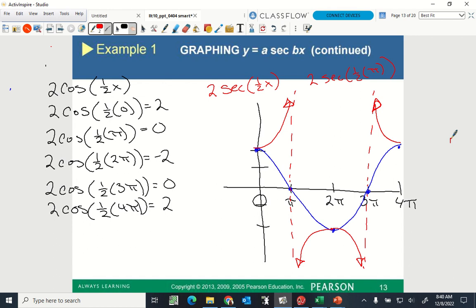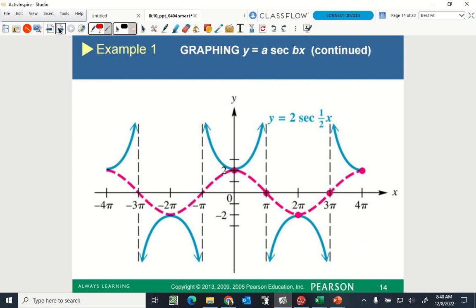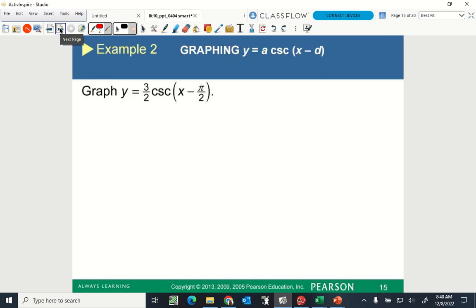Okay, let me do one more, then we'll pause and I'll have you guys try some of these. They did it over 2 periods. I only did it from 1. This one here has a phase shift too.